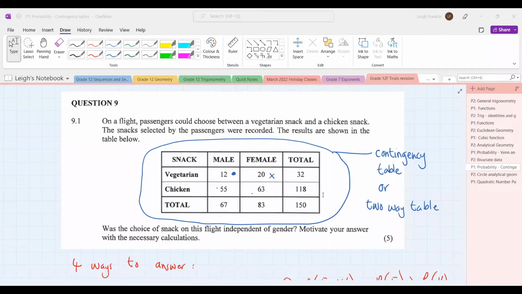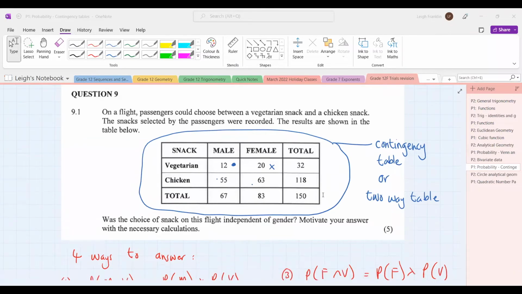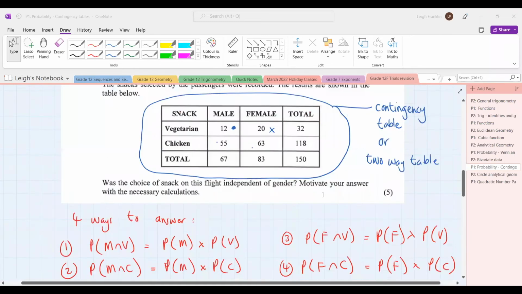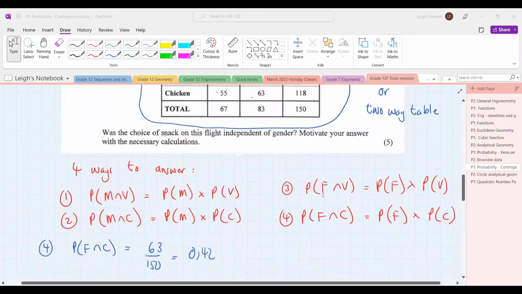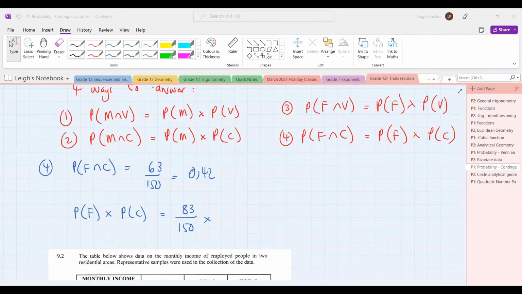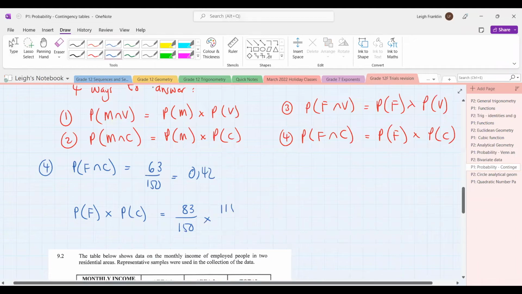Okay, so the total number of people that chose chicken. It's 118 out of 150. So here we would have to multiply this by 118 out of 150. So let's work out what our answer is. We're going to take 83 over 150, and multiply that with 118 out of 150.